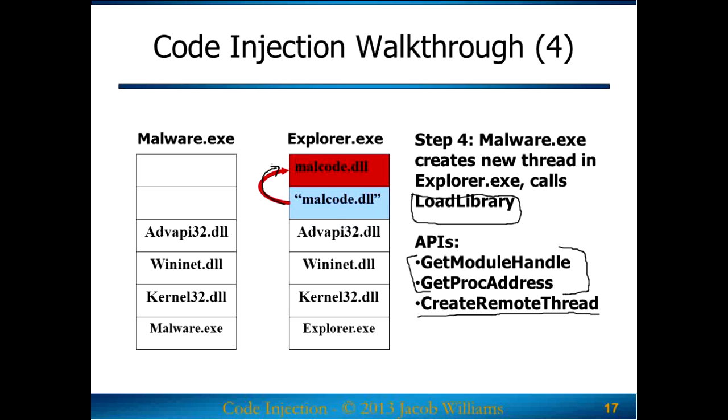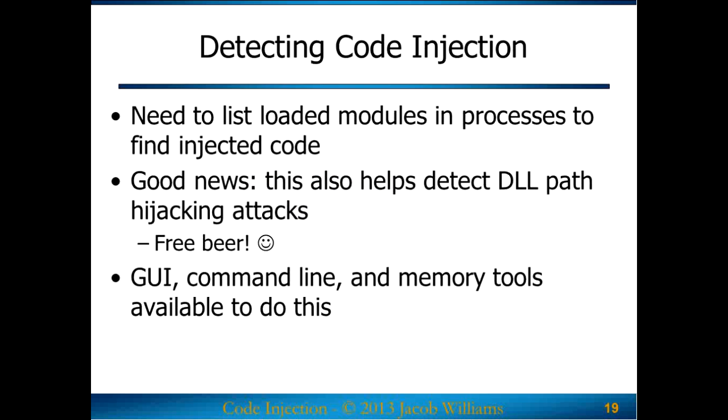In a normal DLL, this DllMain construct is basically just set up to do some housekeeping, allocate some global data structures and then exit, get out of the way. But in this case, with our malware, it's much more likely that DllMain is going to start a new thread. It's not going to yield control, and malcode.dll, whatever code is in there, will continue to execute for the lifetime of the process.